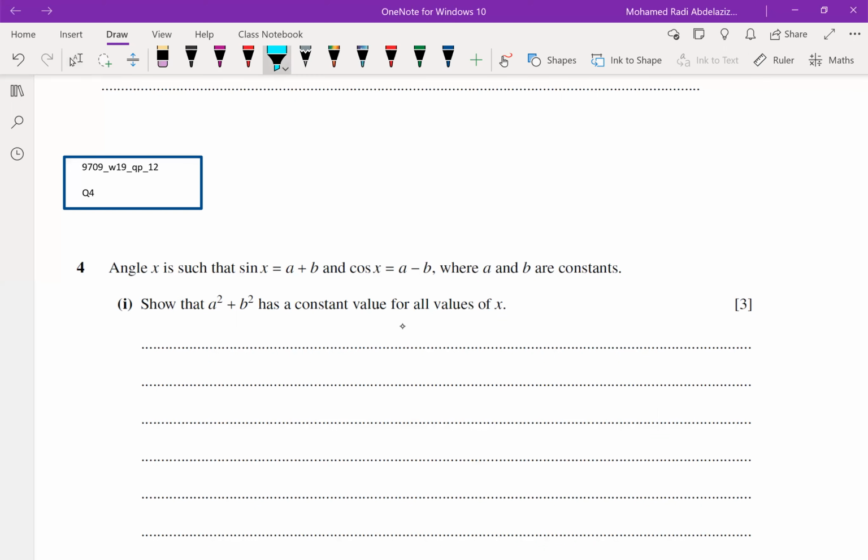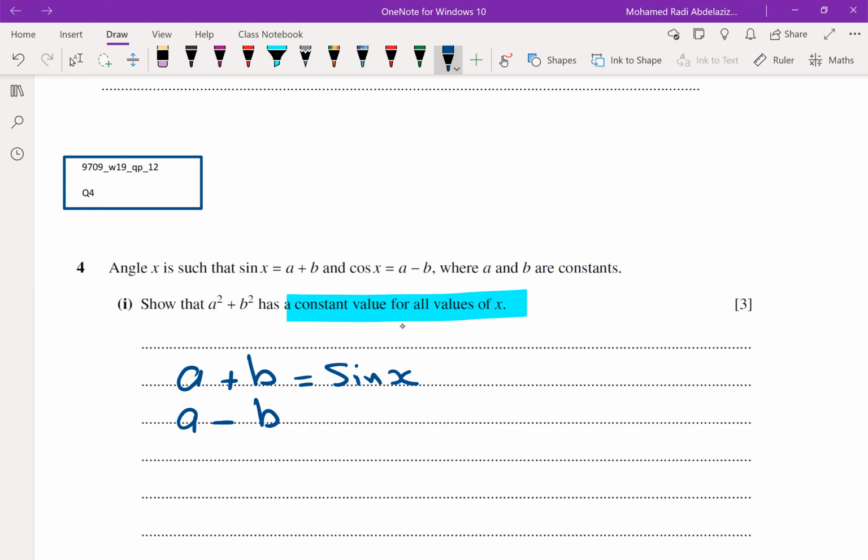Leave this part. He asked to get a squared plus b squared in terms of sine and cosine. If I write these two equations after switching the order, a plus b is equal to sine x, and a minus b is equal to cosine x, you can get a in terms of sine and cosine.